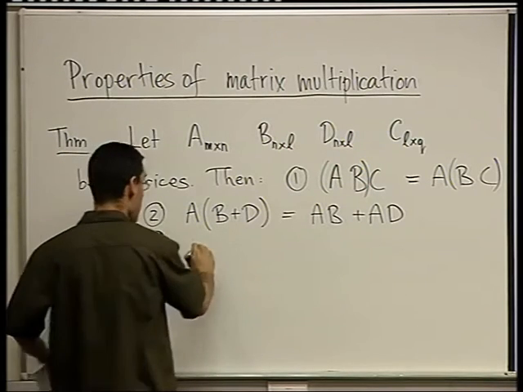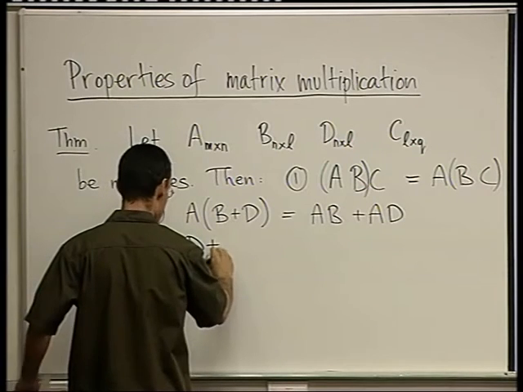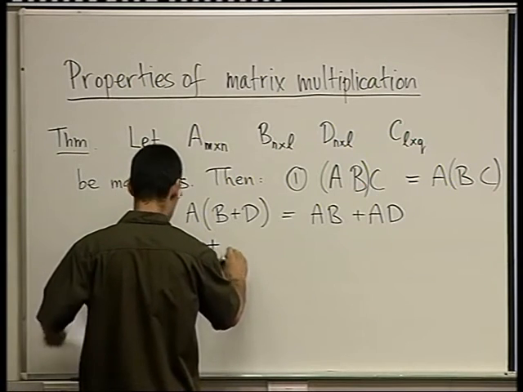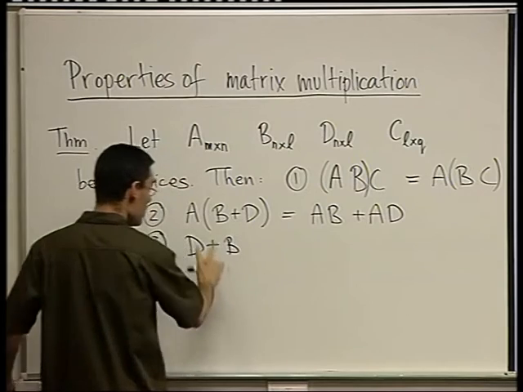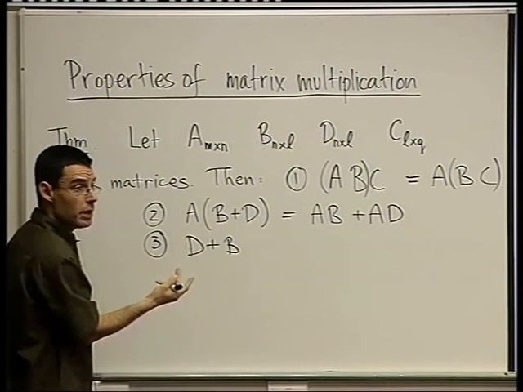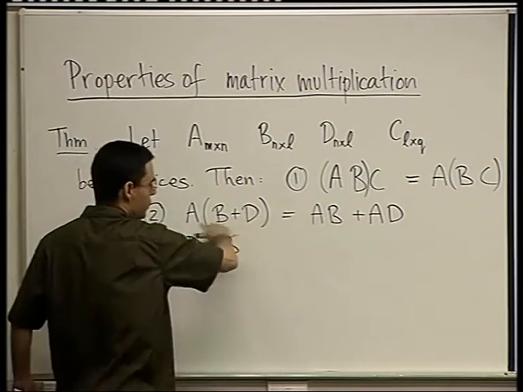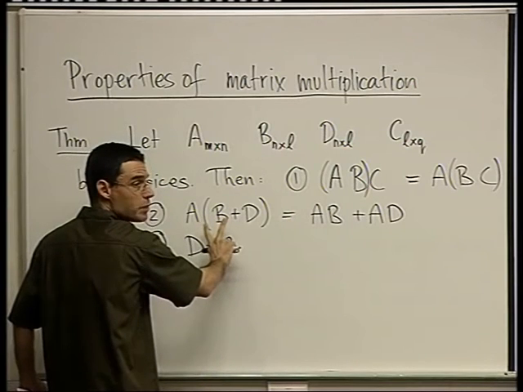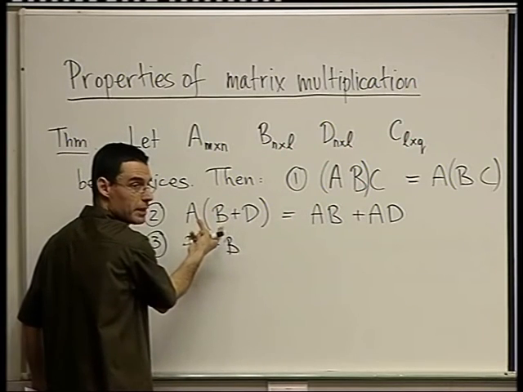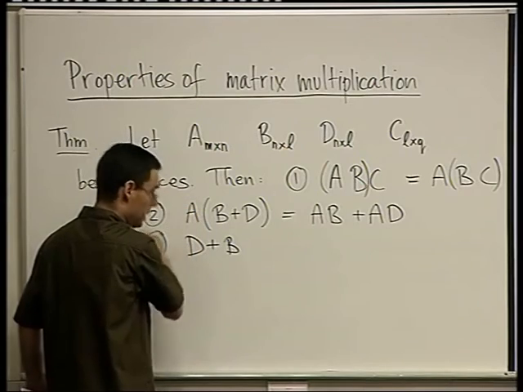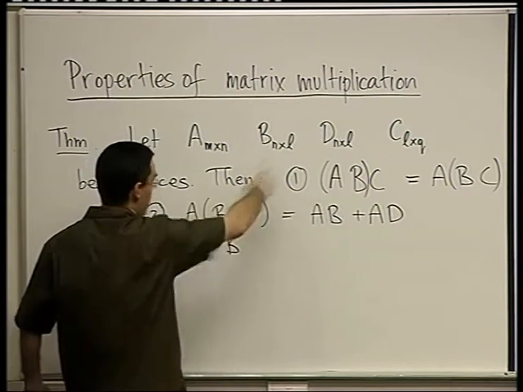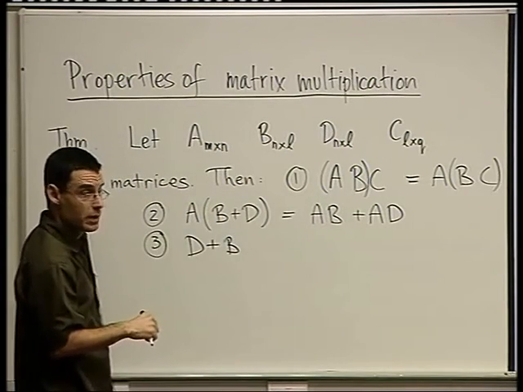Number three, distributivity the other way, and we have to mention it, because it's not commutative, right? We can't just say if it's distributive this way, then it's obviously distributive the other way. We'll just flip it, because multiplication is not commutative. Flipping it would not even work in terms of the dimensions. Okay?